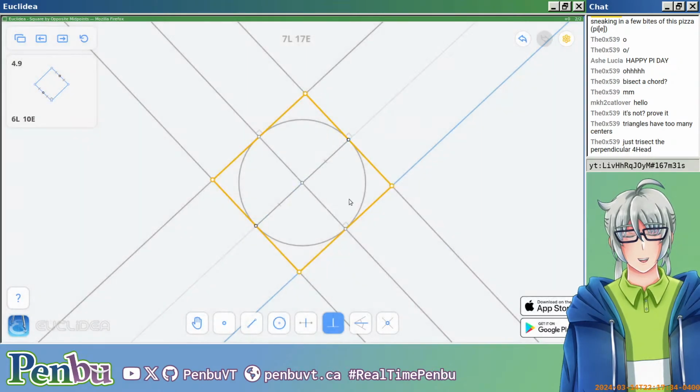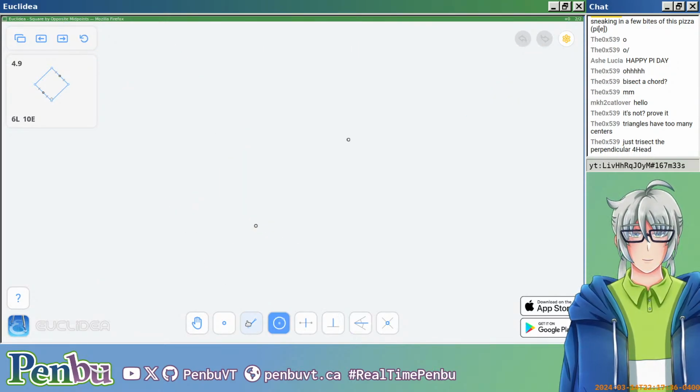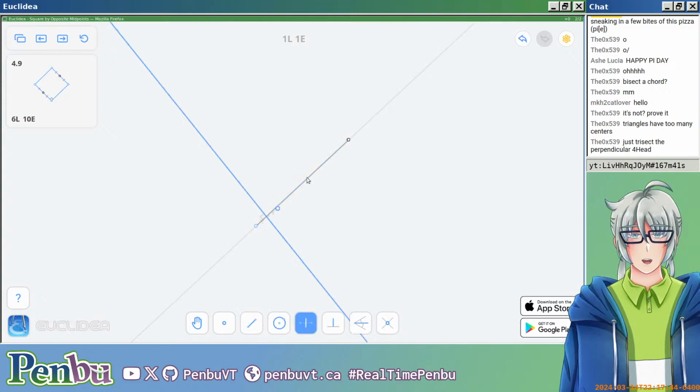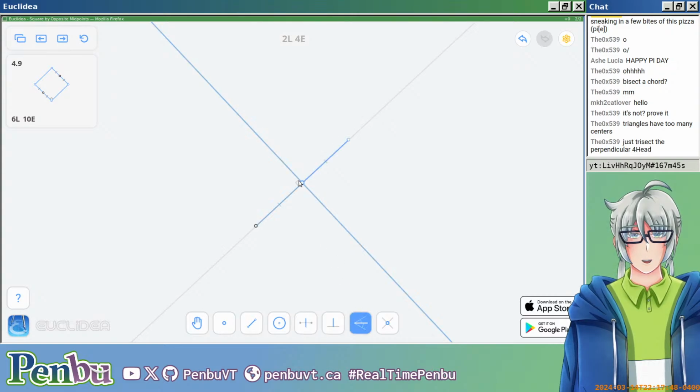It's not the best way to do it. So we draw a line, we draw a bisector, we bisect the angle here.